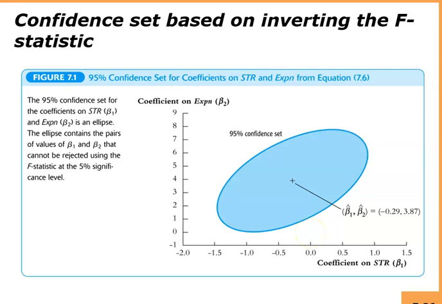So we can safely say that we can reject the joint null hypothesis that beta 1 is equal to 0 and beta 2 is equal to 0 by looking at this ellipse confidence set on the graph.